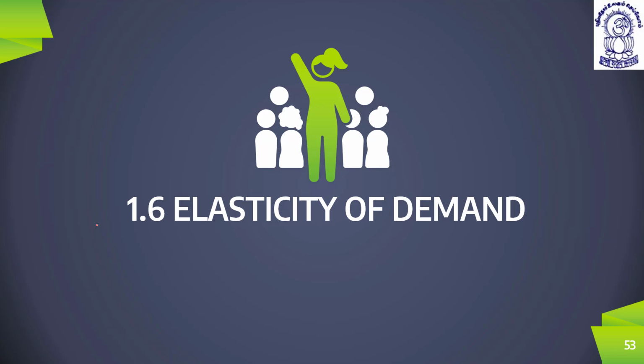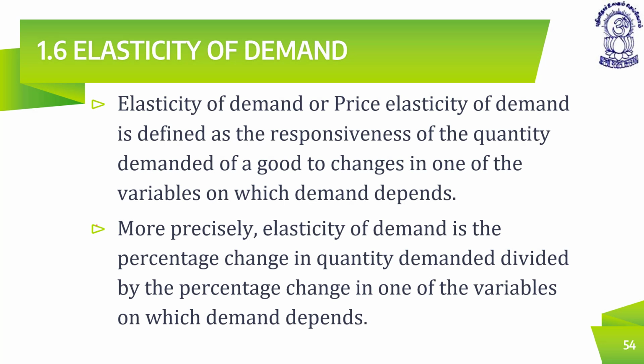Let's see the next topic, and that is elasticity of demand. Let's see the meaning of elasticity of demand. So elasticity of demand is also known as the price elasticity of demand. It is defined as the responsiveness of quantity demanded of a good to changes in one of the variables on which the demand depends.